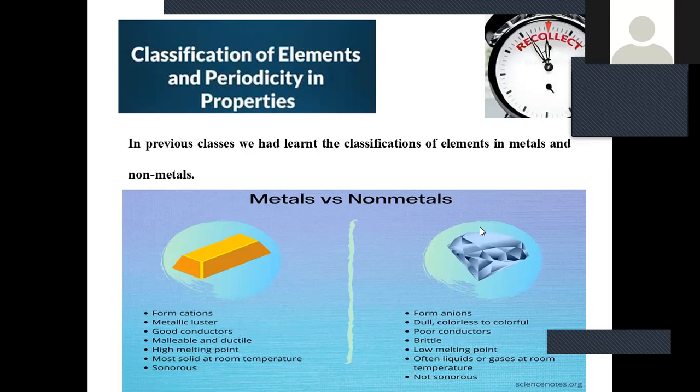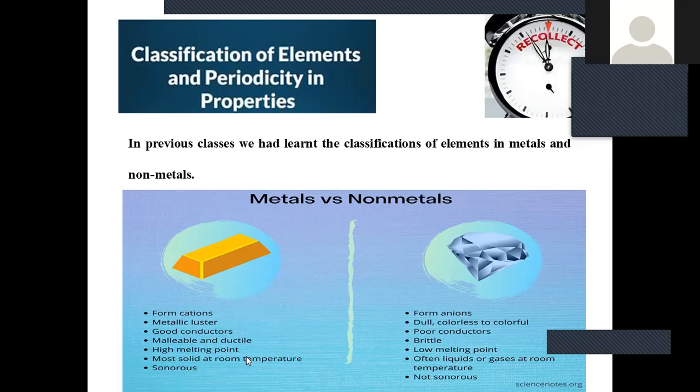You may take coal or diamond; all these are non-metals but exist in the solid state. That means non-metals may be liquids, solids, or gases. Any kind of nature will be adopted by them. But metals are always considered solid in nature, because a highly regular three-dimensional arrangement will be there in the metals.